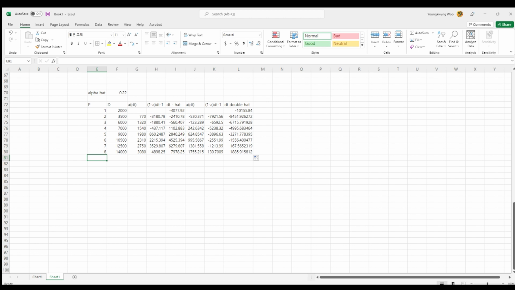It would be 2 D 12 minus D double hat 12, which is gonna be 2 times 7 minus 8.25 negative.